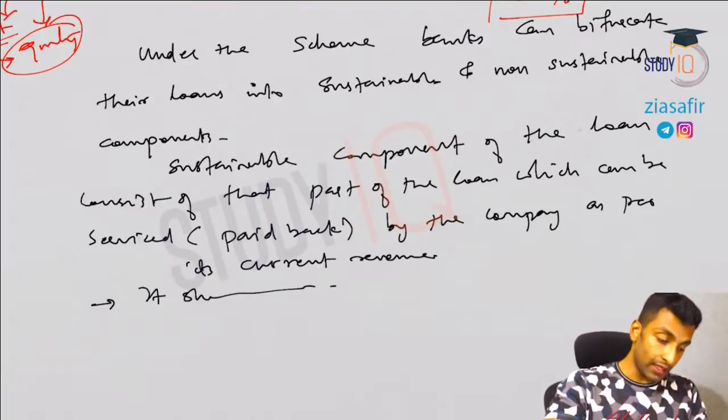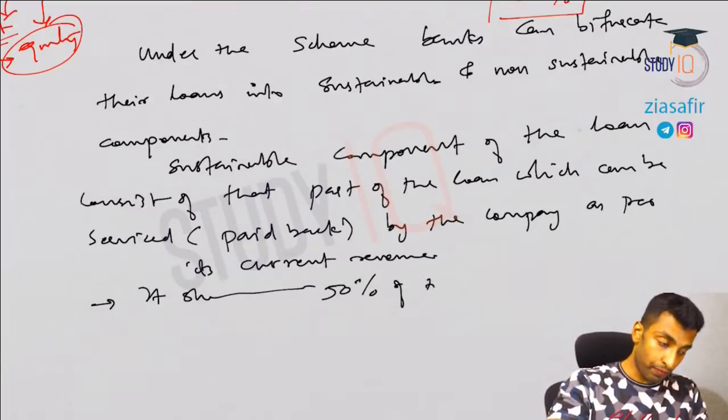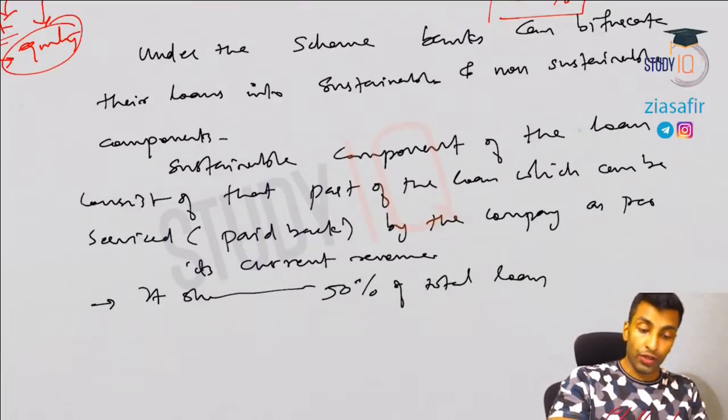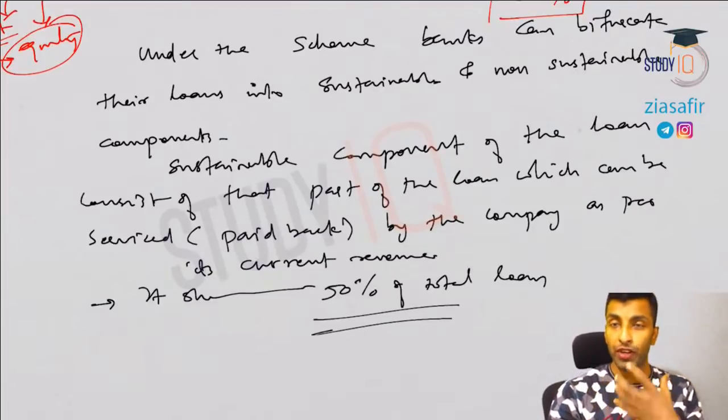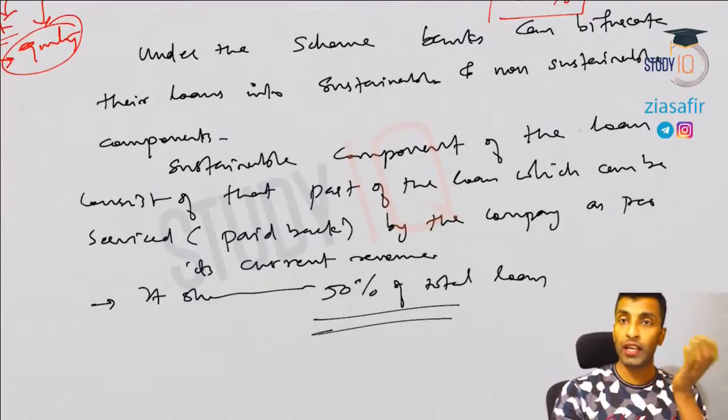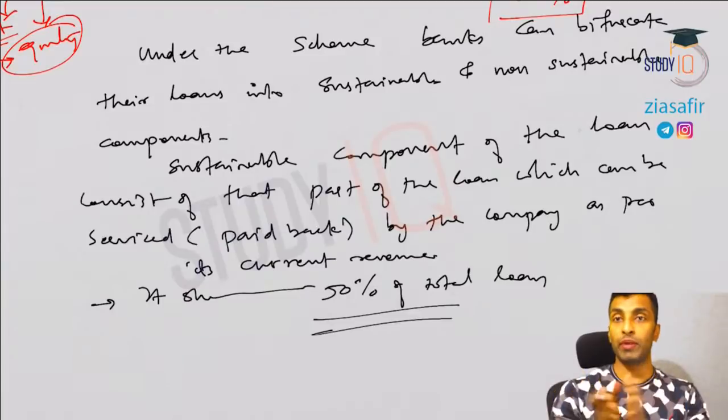It should be at least 50% of the total loan. So if the company is capable of paying 50% of the total loan, which one is applicable? S4A. If the company is not able to pay 50%, then what is applicable? SDR will be applicable. The entire debt will be converted to equity.